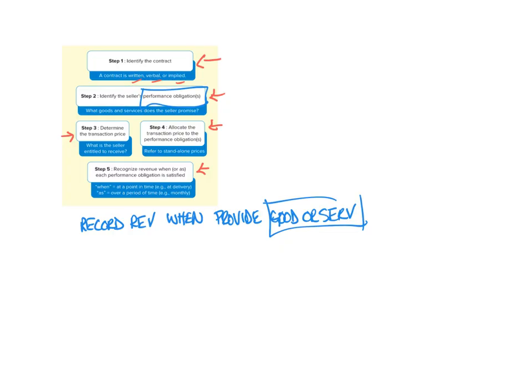So ultimately we record revenue when we complete our performance obligation, and the amount that we record it for is the amount that we believe we're entitled to receive, or in other words, the transaction price, so long as we expect that we're going to receive payment. And this kind of alludes to a discussion that we're going to have in Chapter 8 about bad debt expense. But for right now, we'll hold off on that, and we'll just say we're going to record revenue when we provide a good or service, or in other words, when we fulfill our performance obligation.